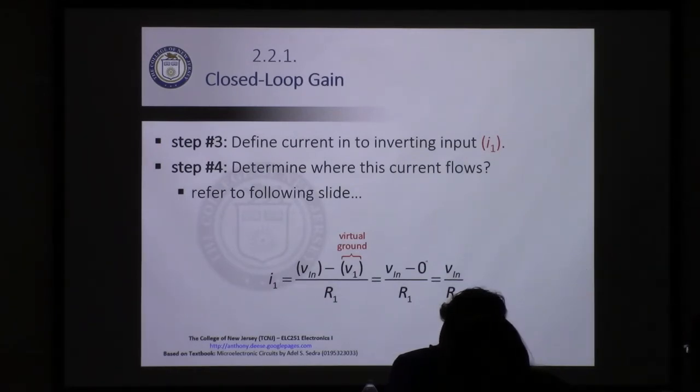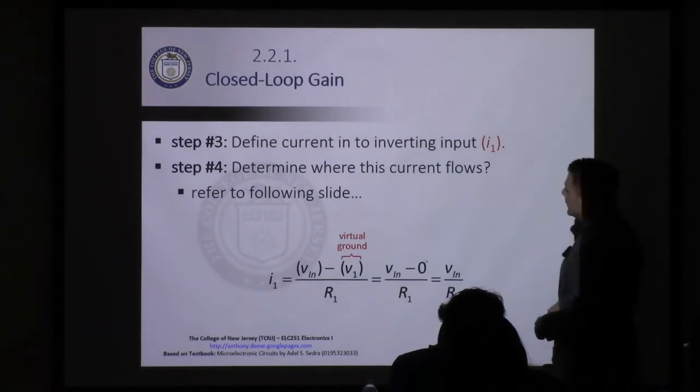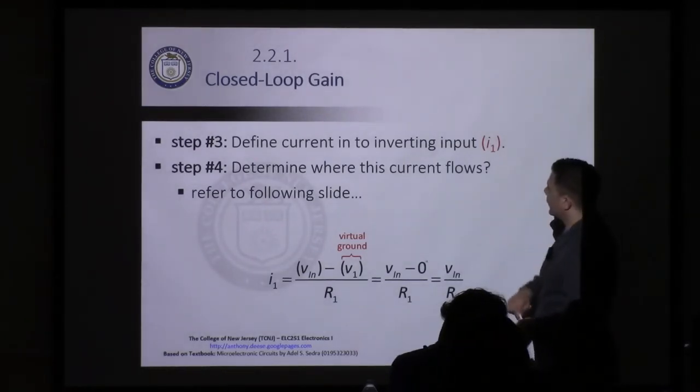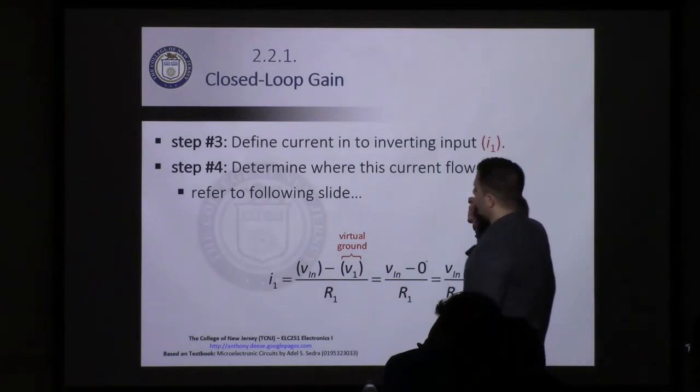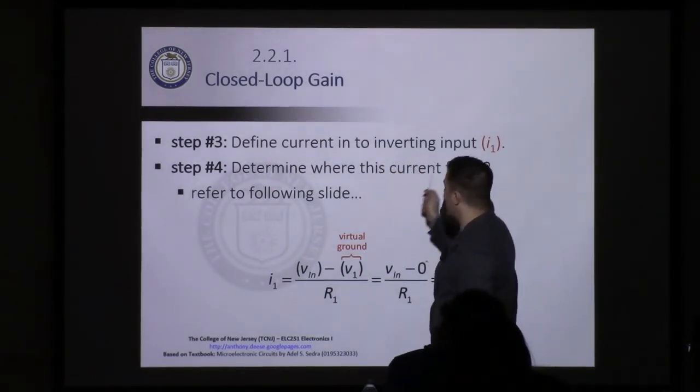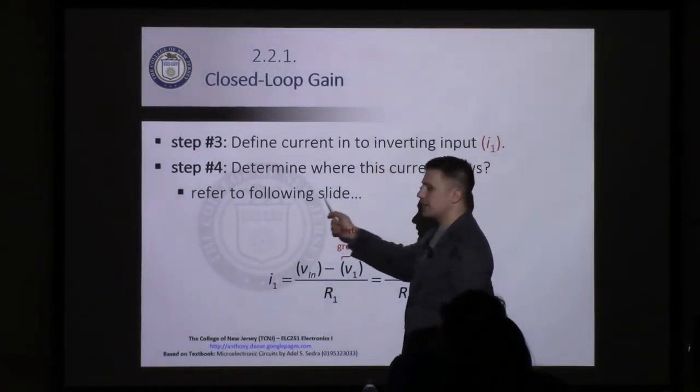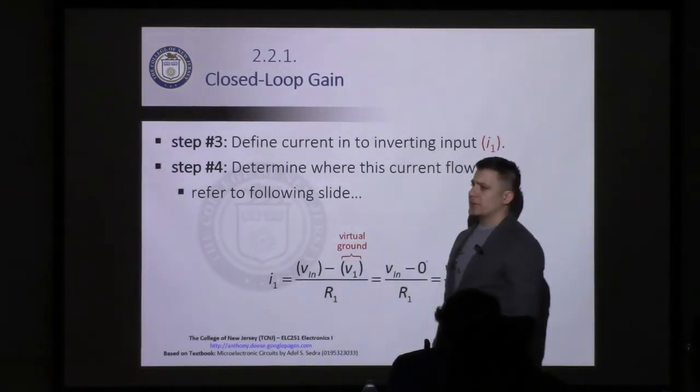Step 3 is to define the current moving into the input. And we know that the current moving into the input will be equal to 0. So what this means is that the rest of the current will, like I said a second ago, flow along the feedback resistance and to the left towards the source.